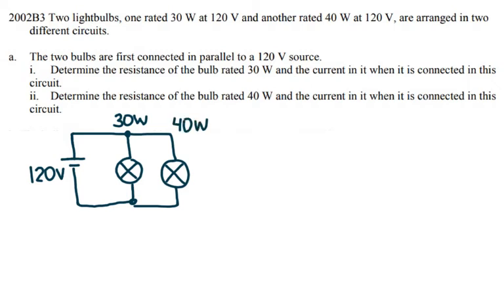And the watts are the power, so the power of both resistors is given when they are connected to the source of 120 volt, the way it is stated in the problem.